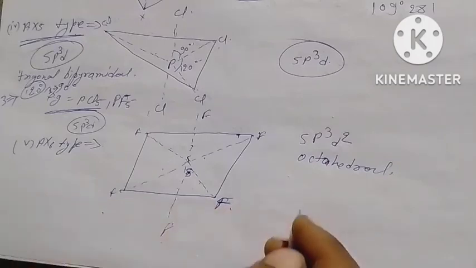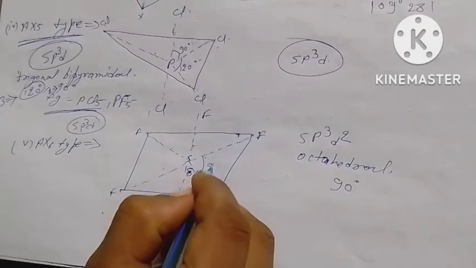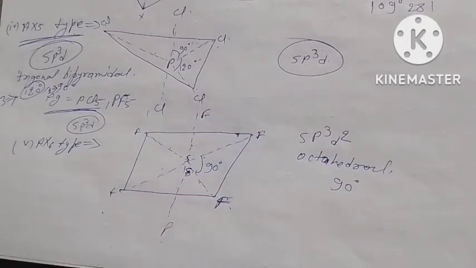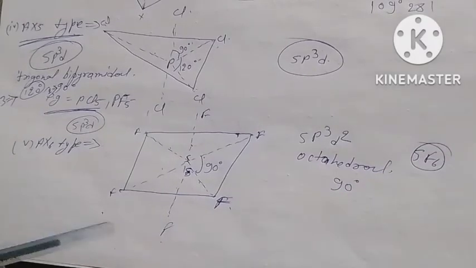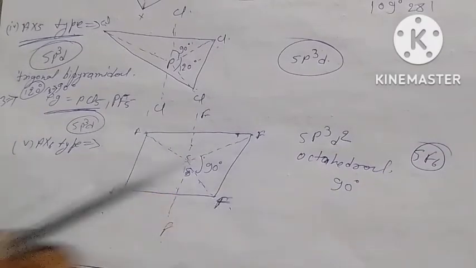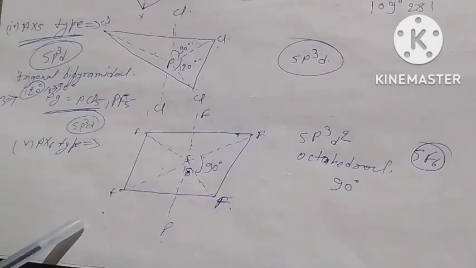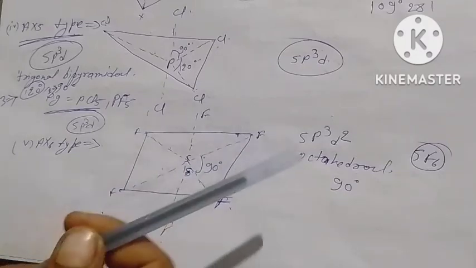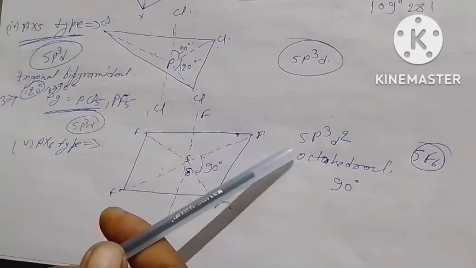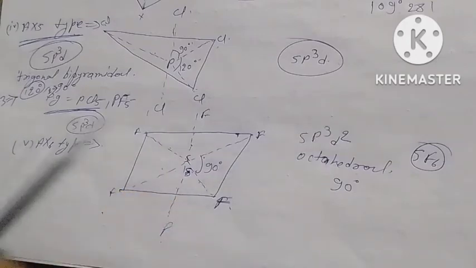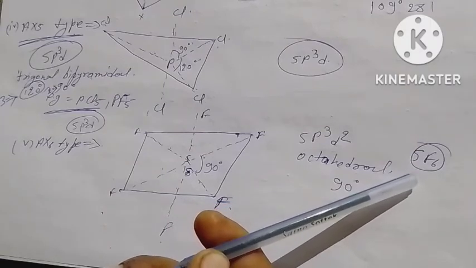The bond angle is 90 degrees. Example: sulfur hexafluoride, SF6. In AX6 type, the bond angle is 90 degrees, the structure is octahedral, and the hybridization is sp3d2.